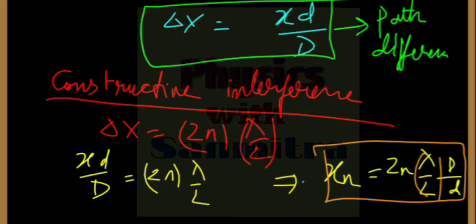Because of the constructive interference, what will I get? I will get a bright fringe. Okay, and I will get some bright fringes and some dark fringes. Let me show you here. It will be like this. There will be fringes.